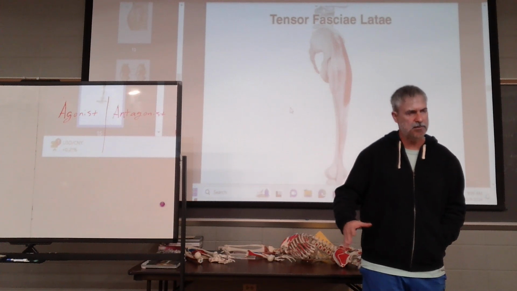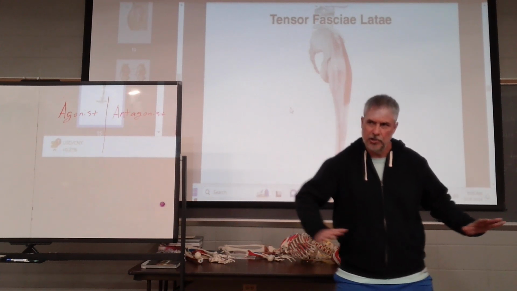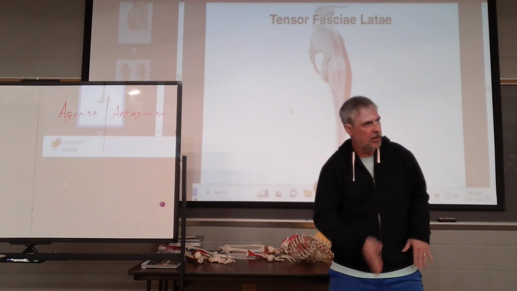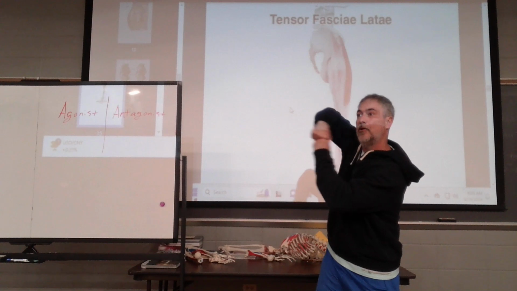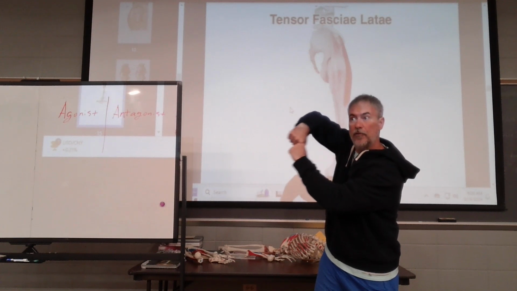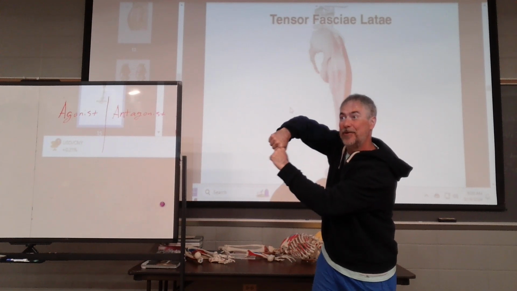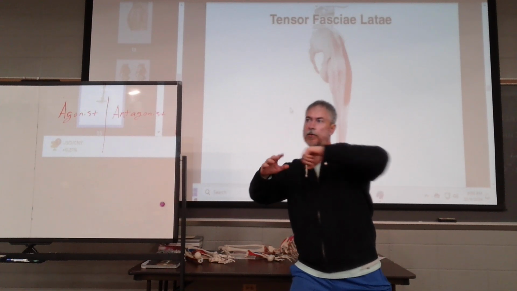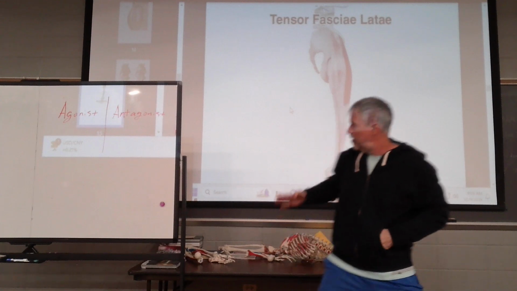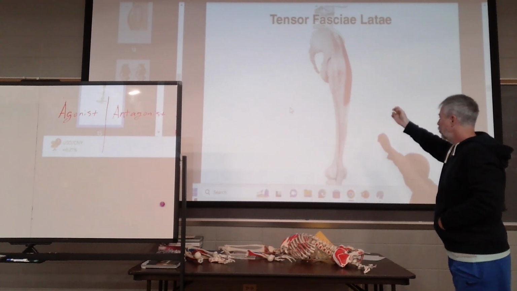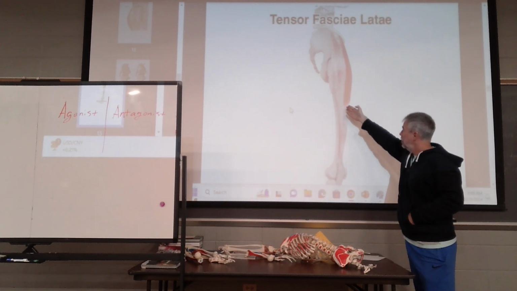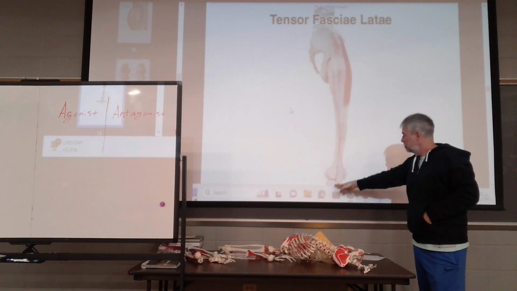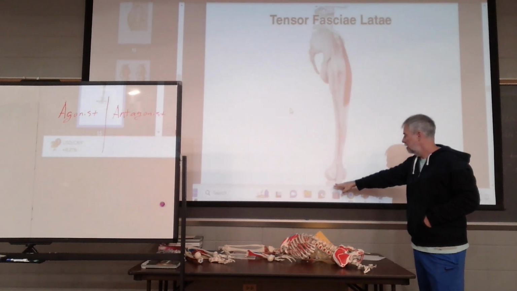One of the purposes of that tissue is, as we change direction laterally, that big band of tissue that crosses our knee laterally helps to prevent what we call varus stress, like our knee just buckling. As we change direction, that's a lot of force taking us this way. So we have this big, thick guitar string band that runs from the hip to our knee laterally.